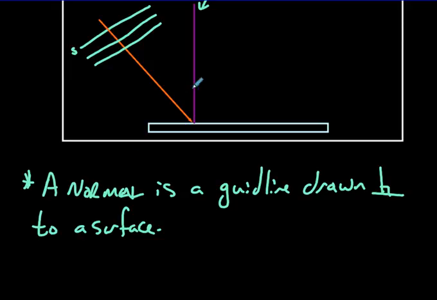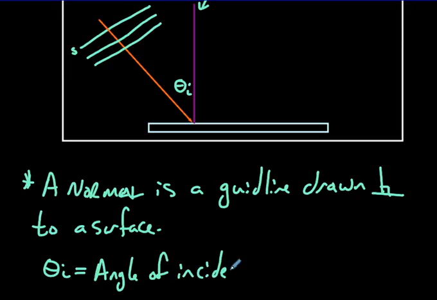Now we're going to measure the angle of incidence, call that theta, with a little i, so we'll define that down here. Theta i is equal to the angle of incidence. Incidence just means incoming waves, and that is always measured from the normal.